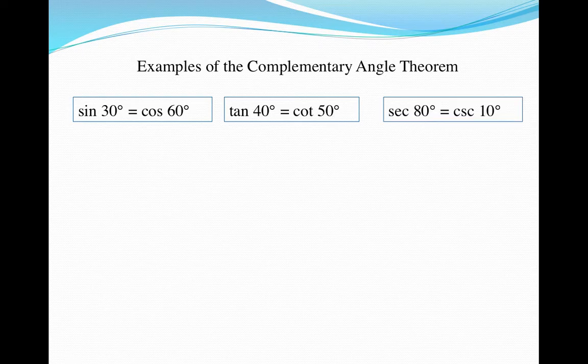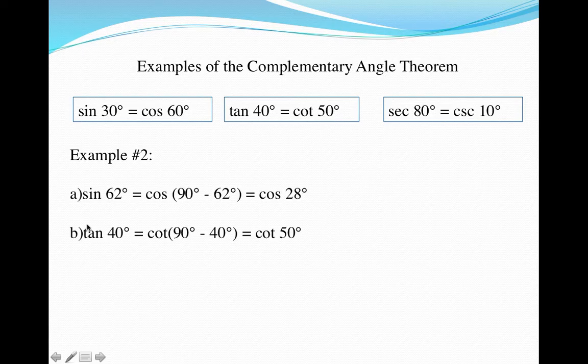The secant of 80 equals the cosecant of 10. The first thing I notice here is that 80 plus 10 is 90. So these are complementary angles. Secant and cosecant are cofunctions. So the value of the secant of 80 degrees is the same as the value of the cosecant of 10.